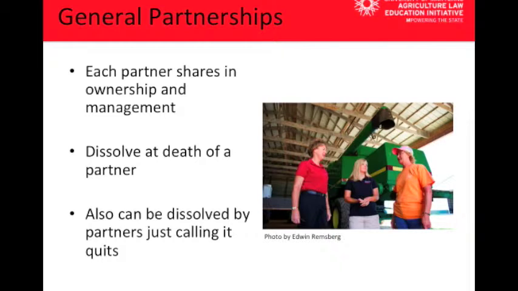In other words, both control the ability to make management decisions. They both have the ability to bind the other partners in financial decisions, contracts, that sort of thing. So if you want to limit some of the ability of partners to make management decisions, this is not going to be the business entity model for you.